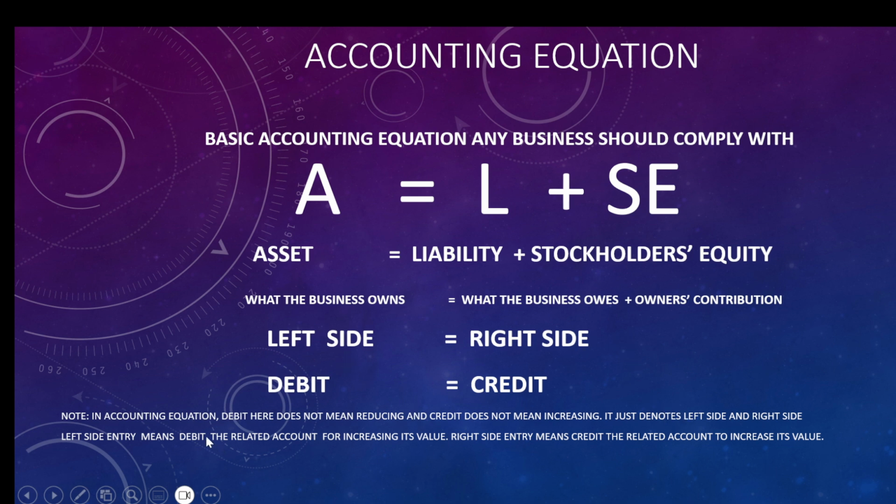Okay. So a left side entry means debit the related account. Why do you do that? If you want to increase the value of the left side account, you should debit it. For example, if I have to increase the value of my inventory because I have purchased a spare part called brake cable and I am now receiving it in my inventory, what happens?